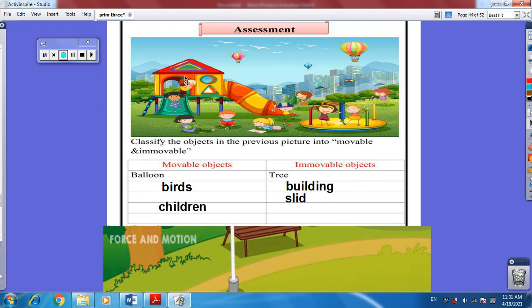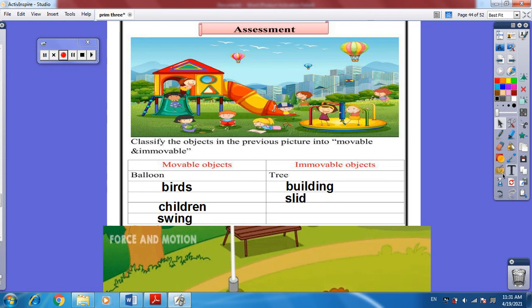Super. The slide is an immovable object, it cannot move. And also Alia, the swing. The swing is a movable object. Yes, excellent. It's a movable object, not immovable.